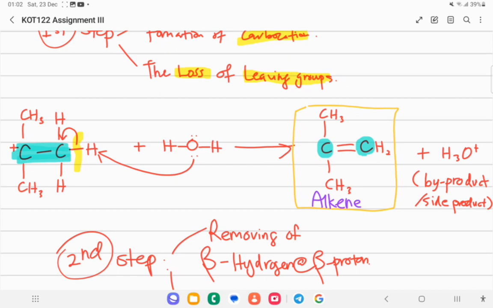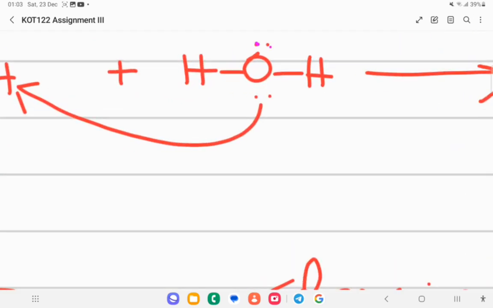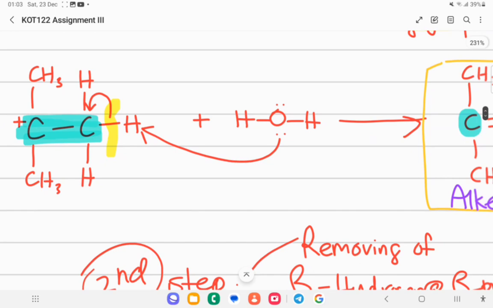So in our tertiary carbocation, on this carbon, the bond between this carbon and this hydrogen will break, and the bond will be taken by the carbon atom, and this hydrogen will now be taken by our base, the oxygen atom in the water molecule, because the oxygen atom has two lone pairs, and one of its lone pairs will be used to make a bond with this hydrogen atom from our carbocation.